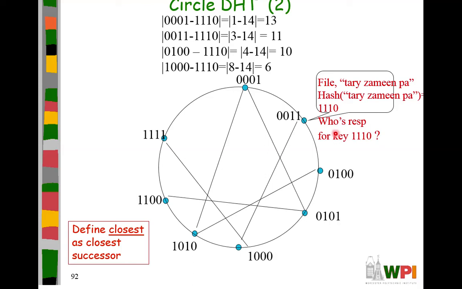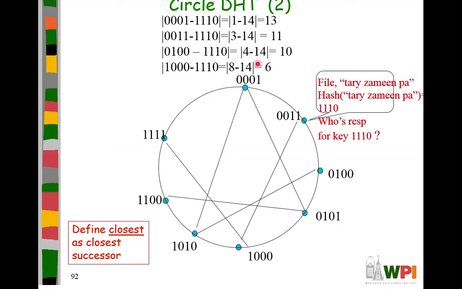The one which is closest to this key. So who is closest? This node will check the difference of this key with itself, with its predecessor, with its successor, and with this neighbor that is 2 hops away.